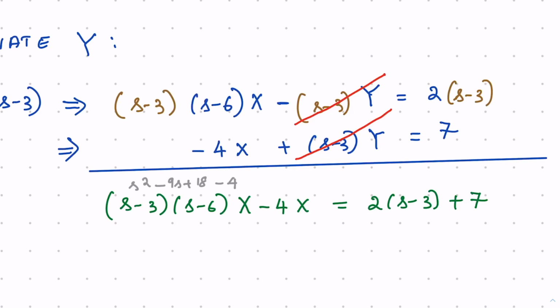And then here I have 2s minus 6, and then you have a plus 7 right there, right?